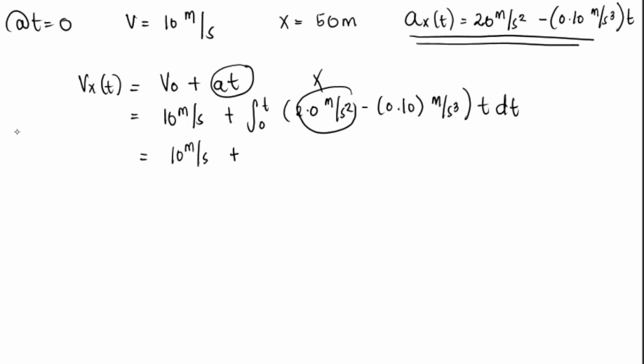According to the integration rule, the integral from 0 to x of x^n dx is 1 over n plus 1 times x^(n+1). Since the acceleration value, meters per second squared, has no other exponent, you treat it as a single expression or a single function.